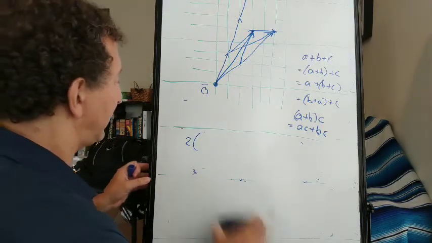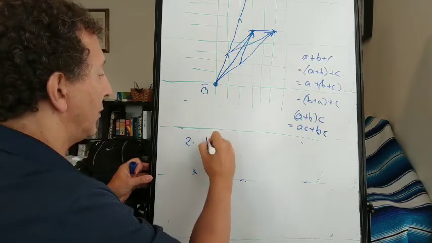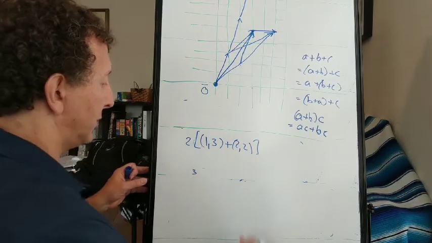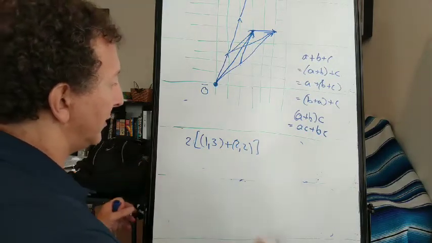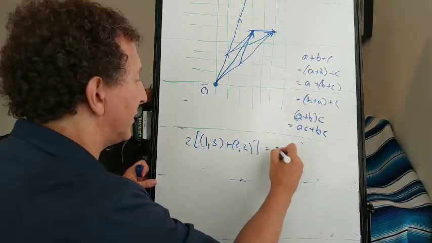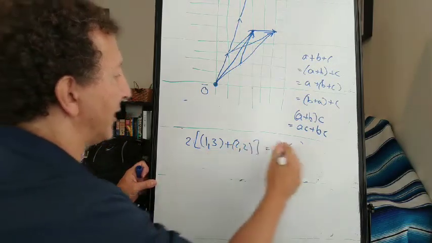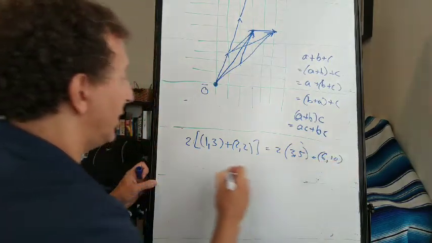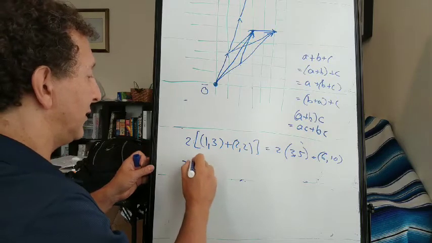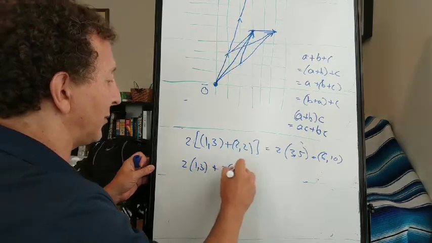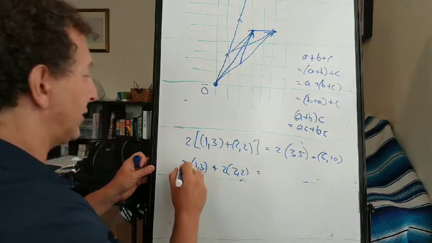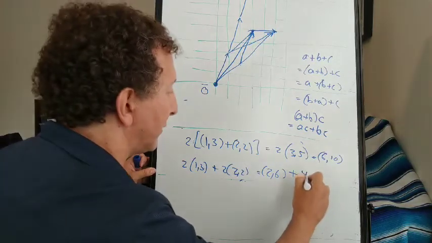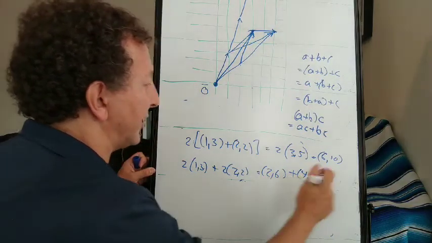Now what if I did 2 times ((1, 3) plus (2, 2))? Now (1, 3) plus (2, 2) is (3, 5). So we get (6, 10). And we could also do this separately. 2 times (1, 3) plus 2 times (2, 2) equals (2, 6) plus (4, 4), which is (6, 10).